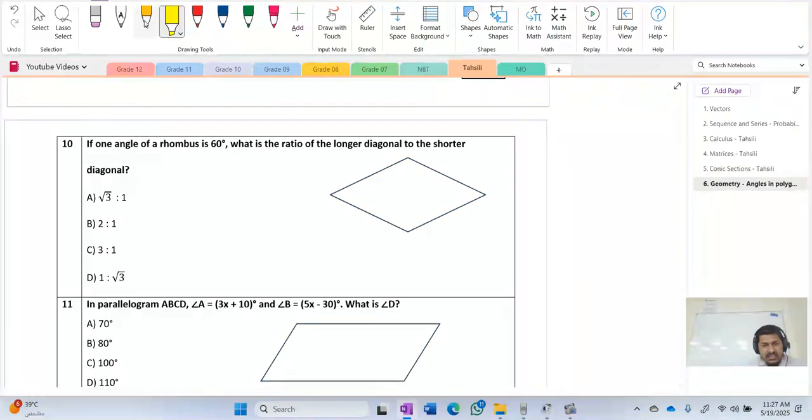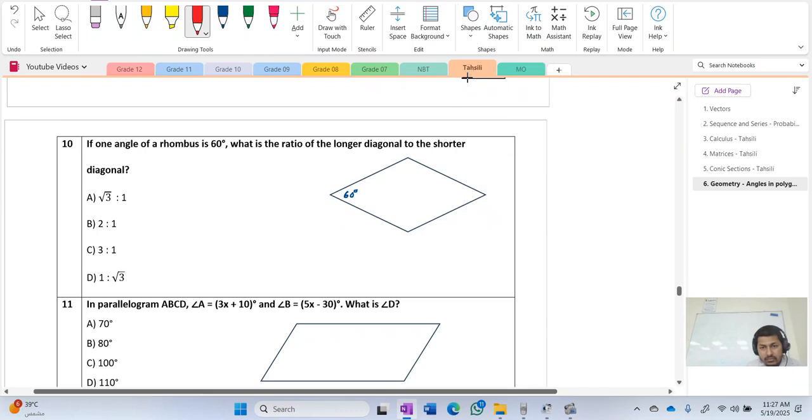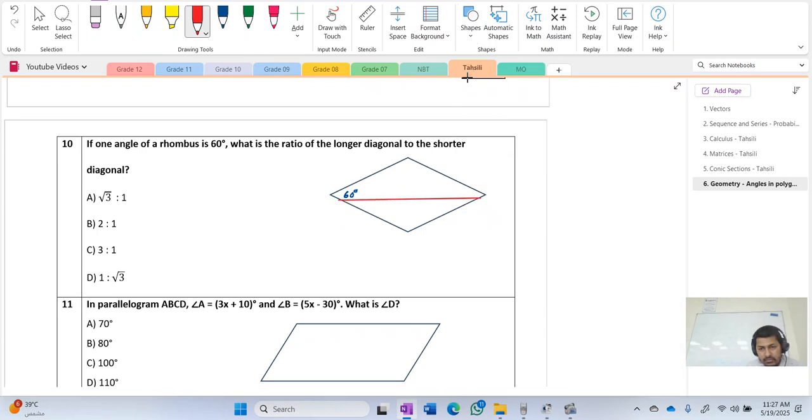Because the angle is 60, if that is 60, it's going to become 30, 30, and then we drop down a perpendicular here.